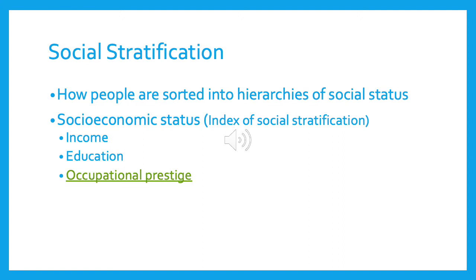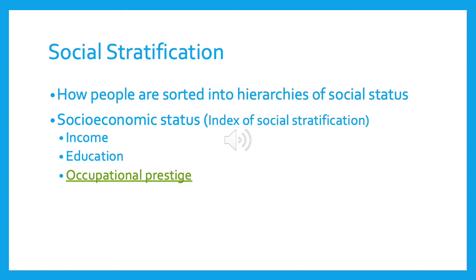levels in society. The most common measure that sociologists use for thinking of social stratification is a term called socioeconomic status, which is often abbreviated SES. Socioeconomic status is an index of social stratification. When we talk about an index, we generally mean a combination of measures used as an indicator.